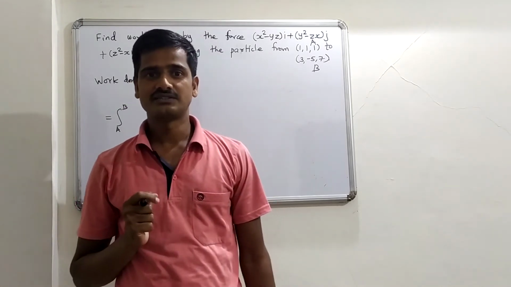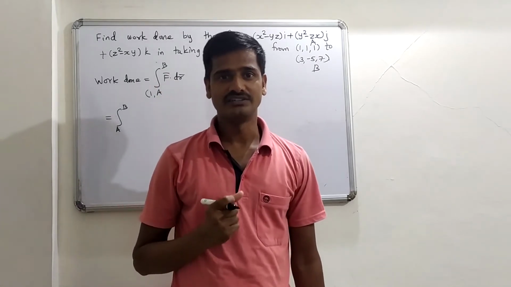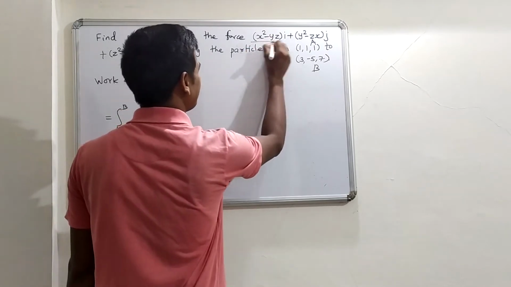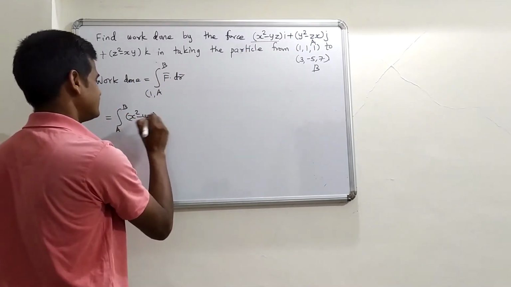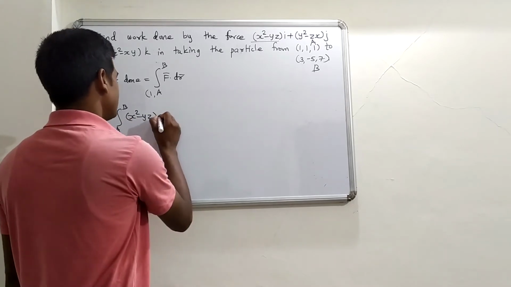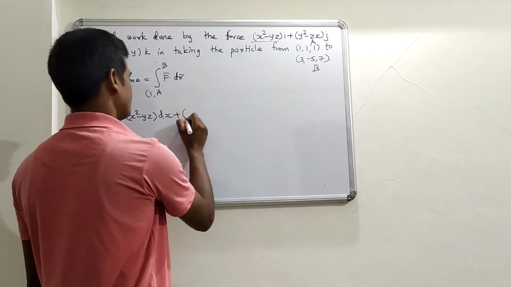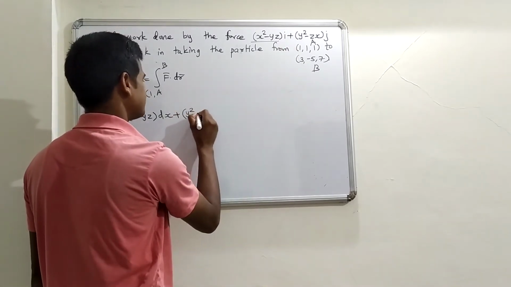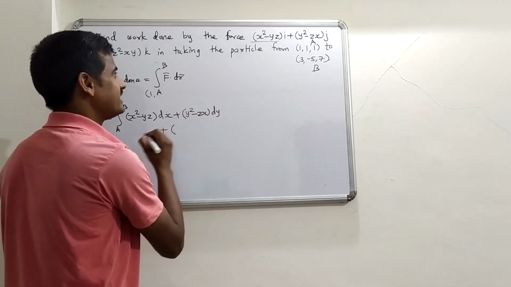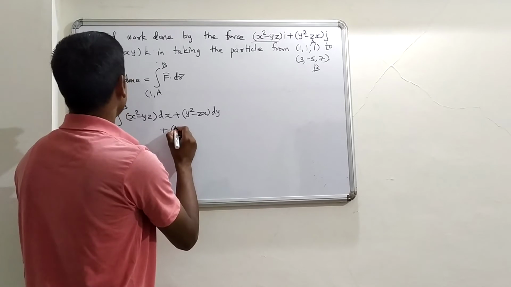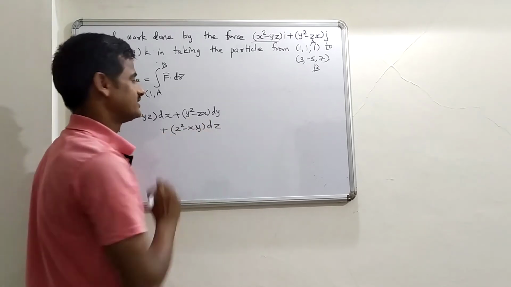F1 is x² − yz, so (x² − yz) dx plus F2 dy, where F2 is y² − zx, plus F3 dz, where F3 is z² − xy.